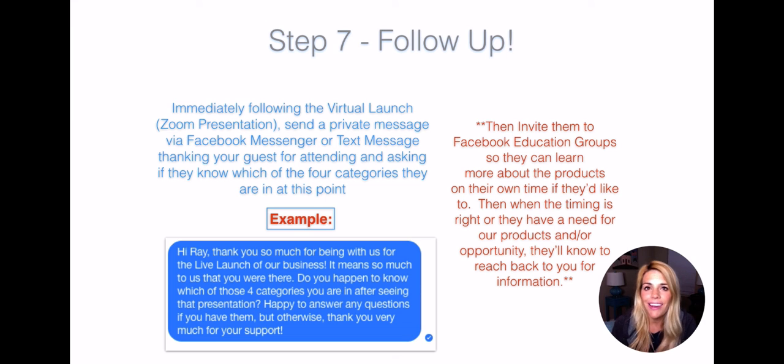And again, you definitely want to make sure that at the end of all of this, you can still invite them into the education groups that you have on Facebook, because who knows, maybe they're not interested right now, but maybe down the road, maybe 6 months or a year later, they will see something that really excites them, and they'll be ready to either join you or have another conversation with you about all of this.